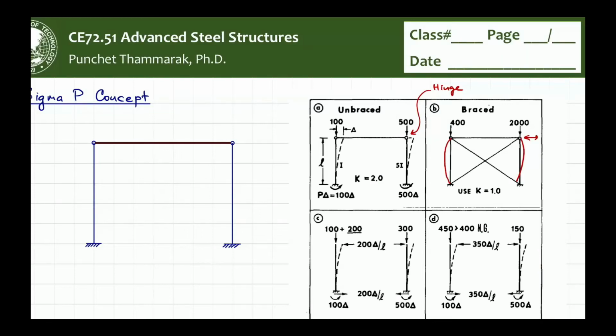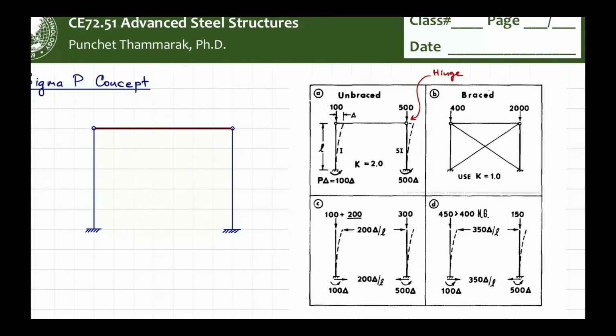So K is reduced from 2 to 1. That means the capacity will be in the ratio of 2 squared, so you have 4 times higher buckling load compared with the first case: 100 to 400 and 500 to 2000. This is the base case that this entire frame can resist.